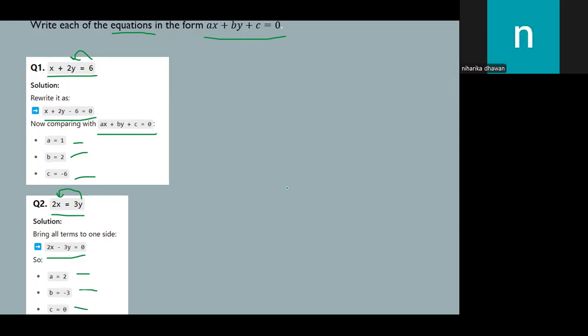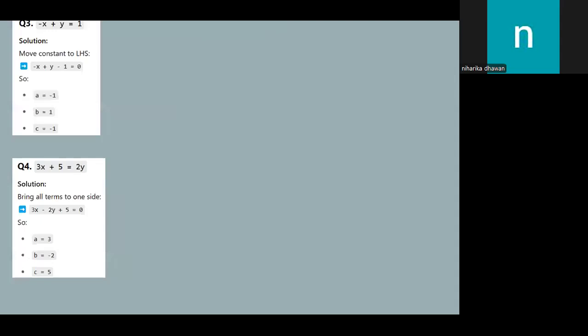Why? If I write this equation as 2x minus 3y equal to 0, we don't have any c term here. So instead of c, we can write 0 here. So we have c equal to 0. Let's move to the next question now.